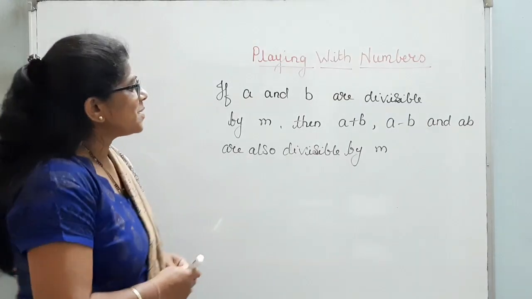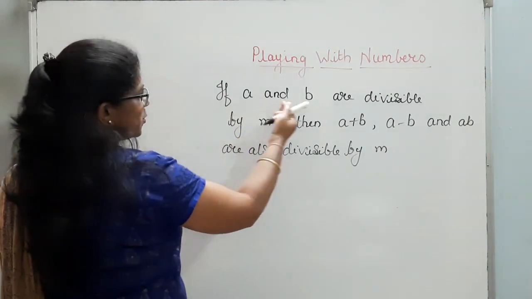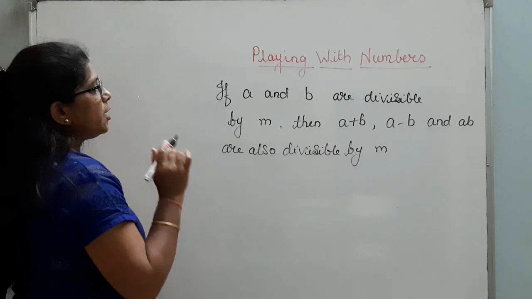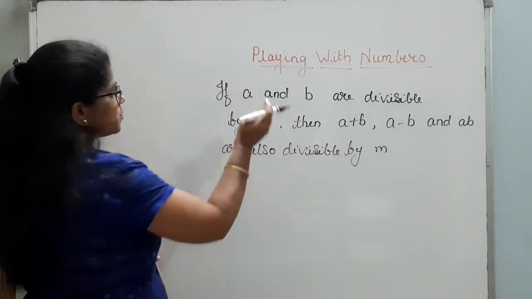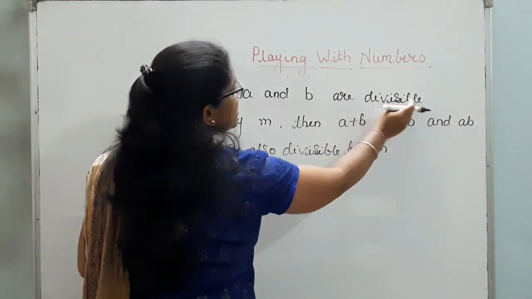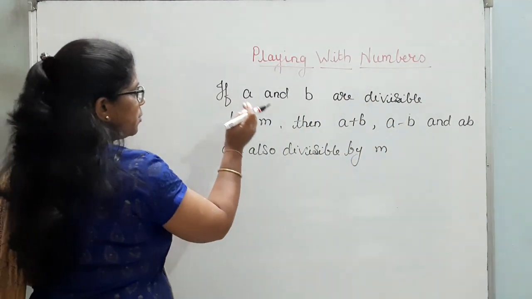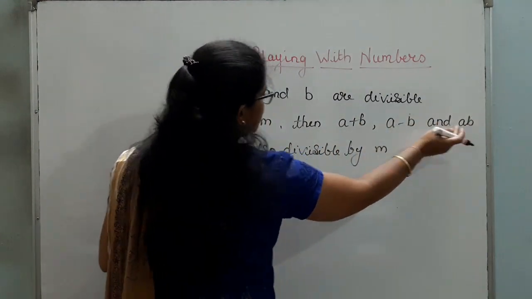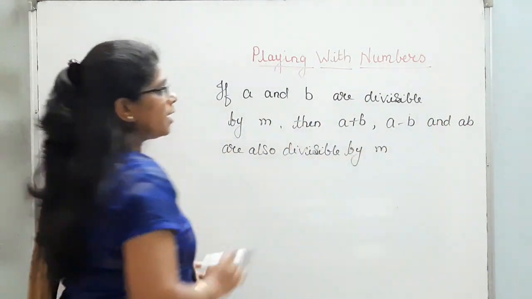Here I would like to tell you one important note regarding divisibility tests. Suppose we have any two numbers, A and B. If A and B are both divisible by a number m, then A plus B, A minus B and AB are also divisible by m.